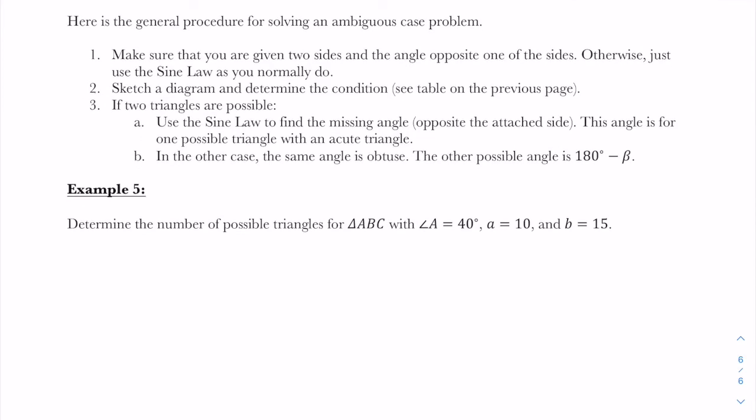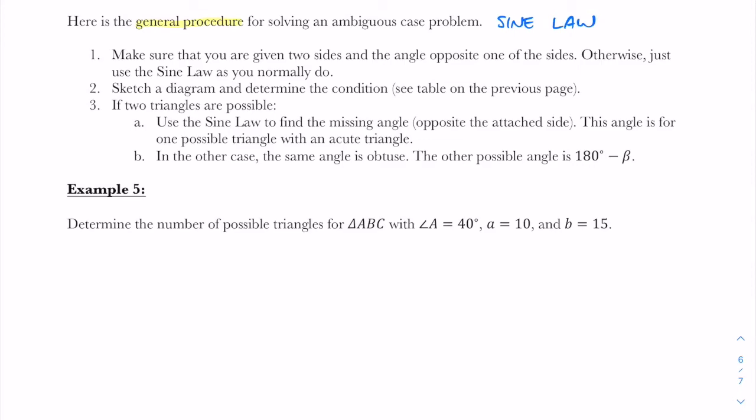So here's our procedure for solving ambiguous case related problems. First of all, you only ever have to worry about this when you're dealing with the sine law. If you're just using the cosine law or the Pythagorean theorem or SOHCAHTOA, you don't have to worry. It's just for the sine law.